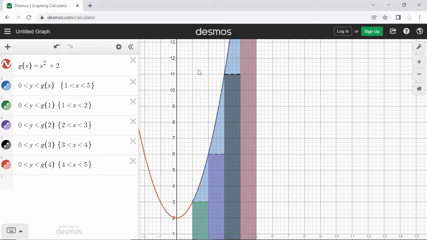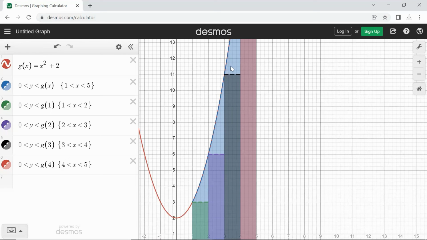That tells us that the actual area should probably be somewhere in between the 38 we got with the left-hand rule and the 62 we got with the right-hand rule. That's just for this problem. That doesn't always work, because as we saw in our last problem, some of those left-hand rule rectangles were overestimates and sometimes they were underestimates.